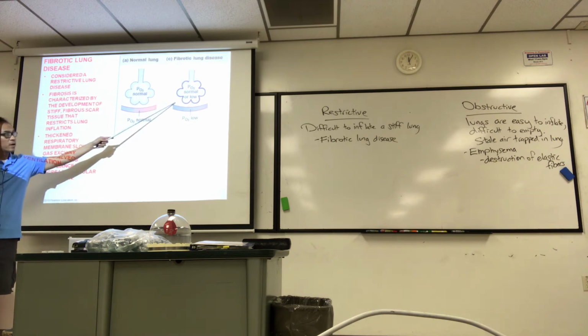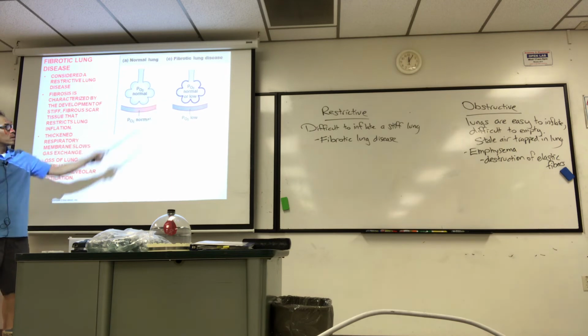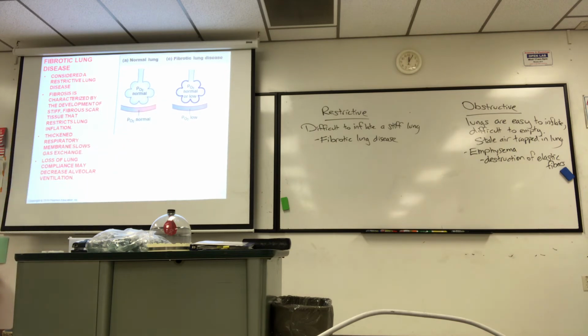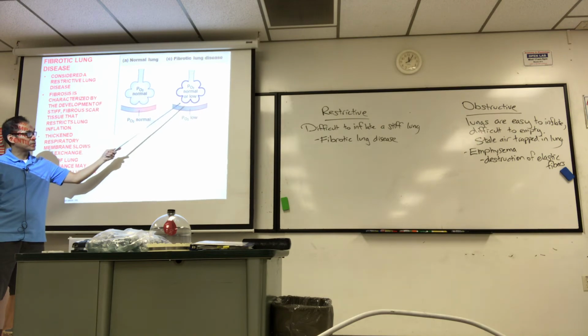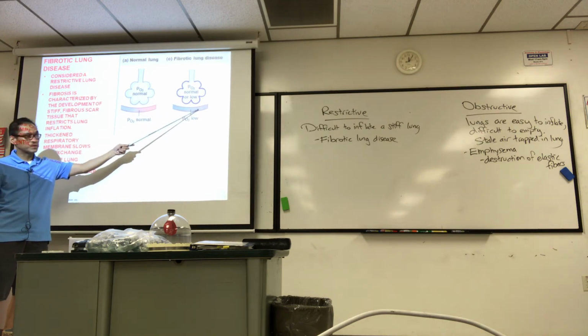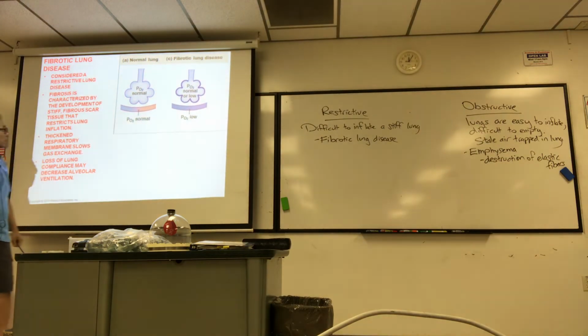You can see that here. They thicken the wall there. And so it's difficult to inflate that lung. And because of that thickness, you've increased the diffusion distance that the gases have to cross. So that makes gas exchange inefficient. That's why you have low oxygen tension in fibrotic lung there.